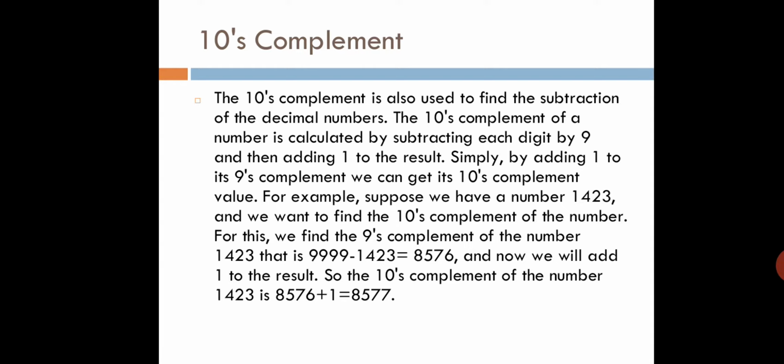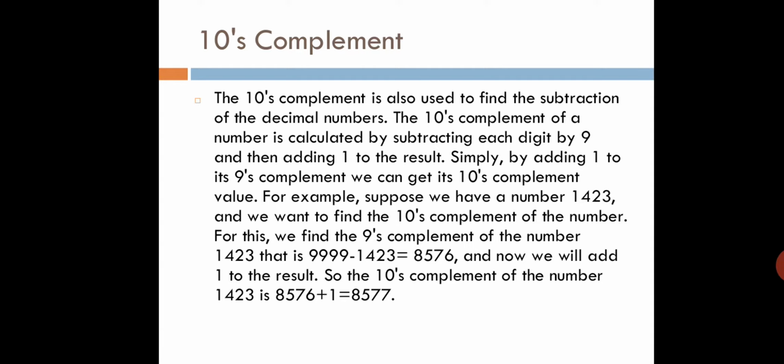Each and every position is subtracted from 9. That means to get the 10's complement, first you have to do 9's complement, then add one more value to that answer. We will see with the example, don't worry. Simply by adding 1 to the 9's complement, we can get the 10's complement value.